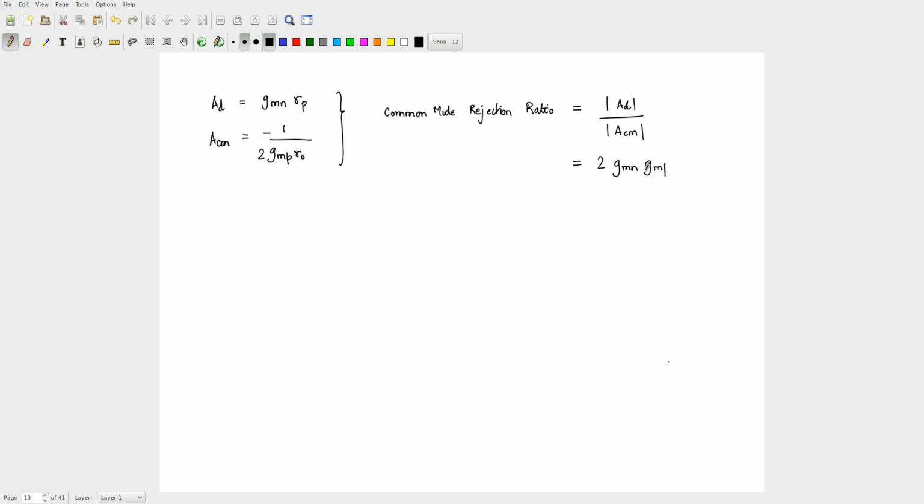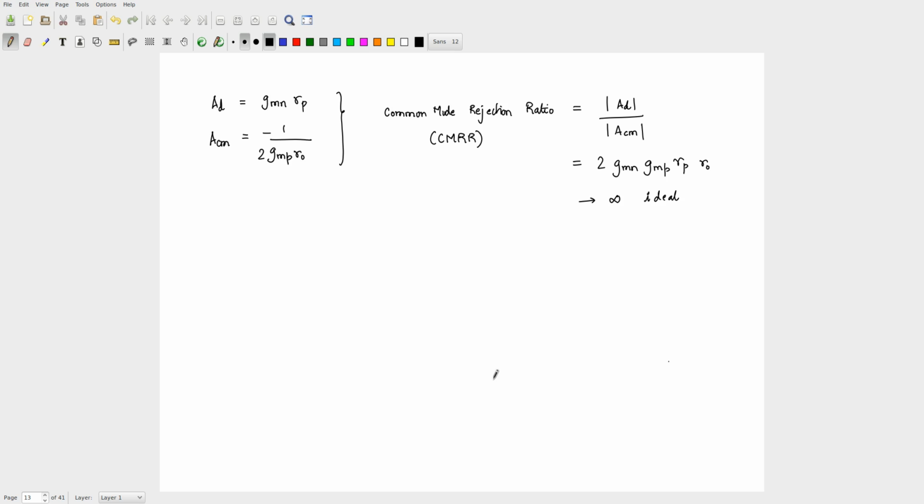and you see that all of these quantities are large. GMN GMP RP is large, R0 is large, and this tends to infinity in the ideal case. So what is this common mode rejection ratio, which is otherwise called the CMRR of an opamp? What does it talk about? It essentially says, if I have a signal which has some common mode component and a differential mode component, what is the ratio of the amplification provided to the differential mode component as compared to the common mode component?